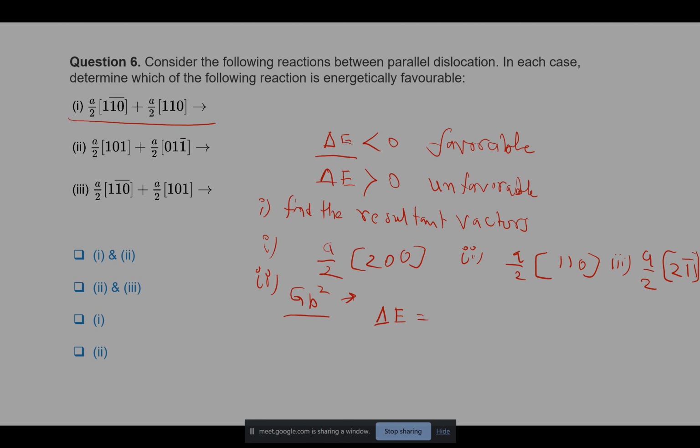That will be G b square final minus G b square initial. But G is common in both places, so we'll just neglect that.